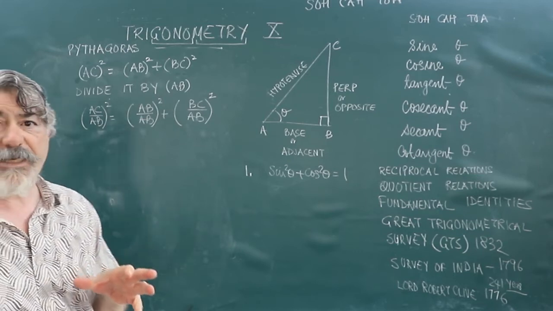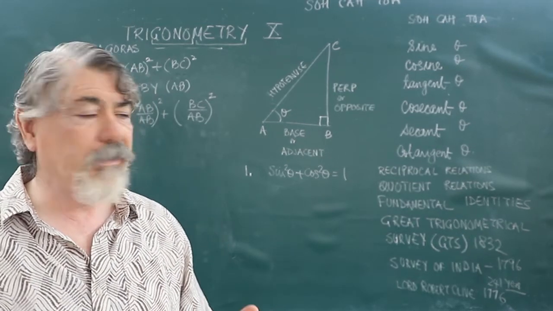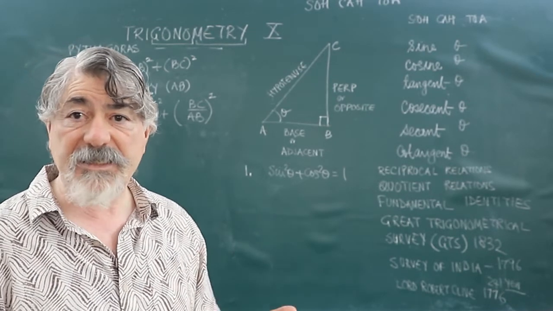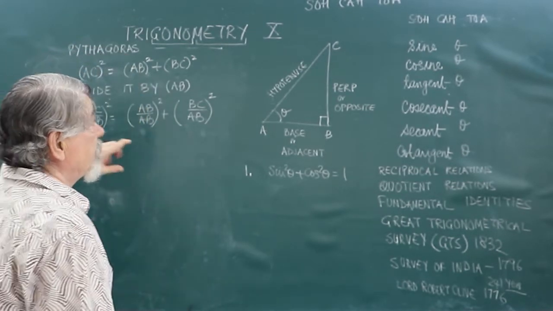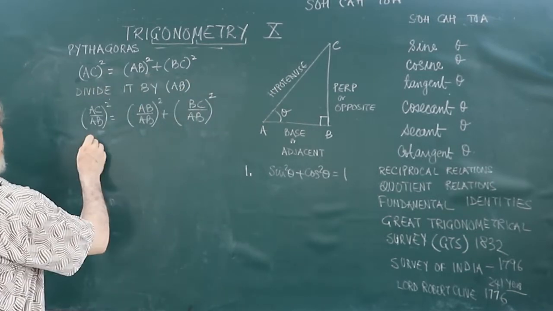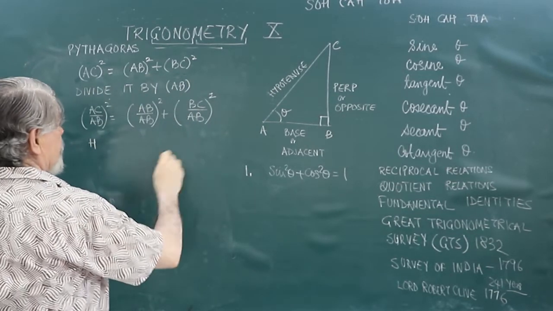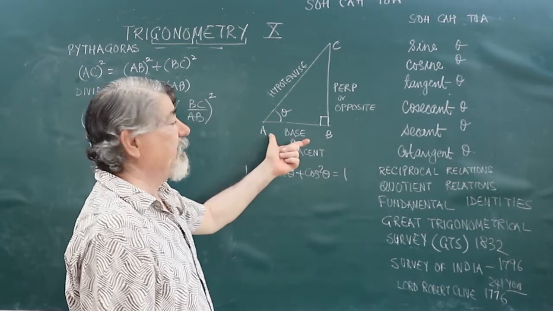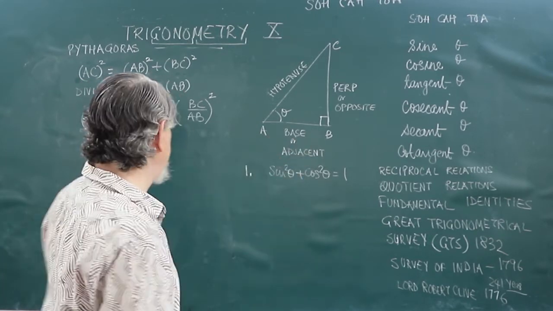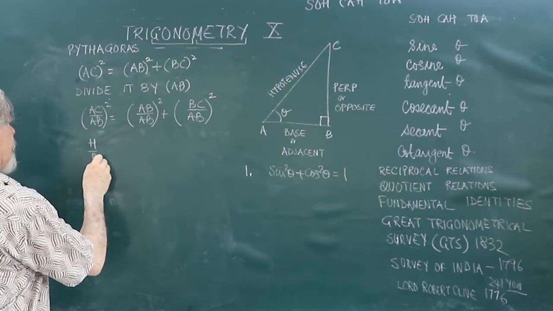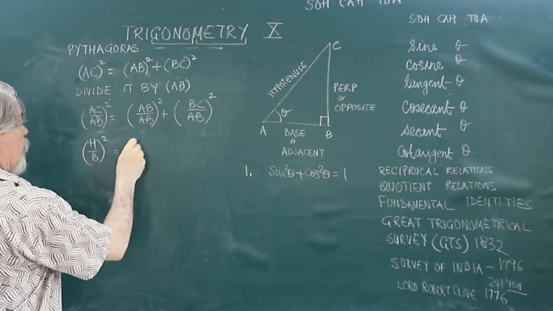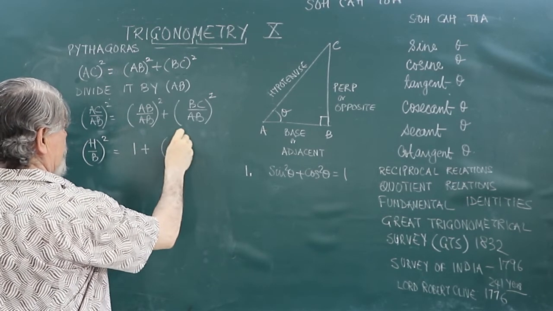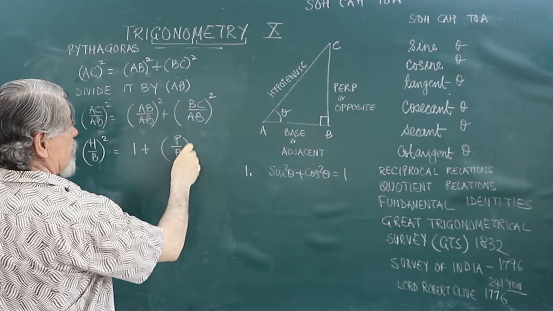Now we will replace AC, AB and BC by the appropriate side. AC is hypotenuse. Now AB is what? We have divided by AB, by base. So hypotenuse upon base whole square is equal to 1, plus BC is what? Perpendicular upon base whole square.